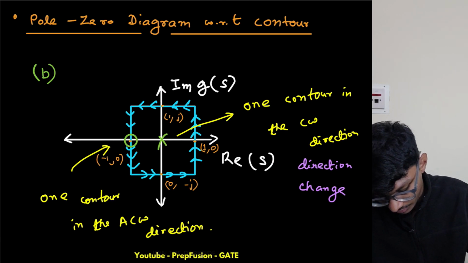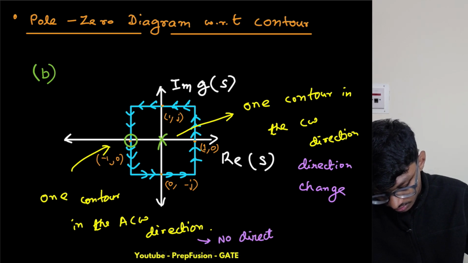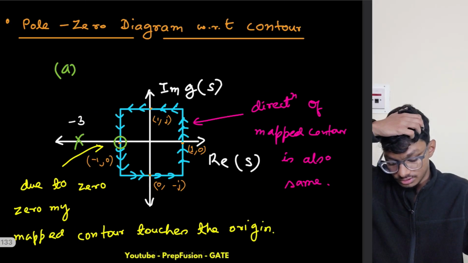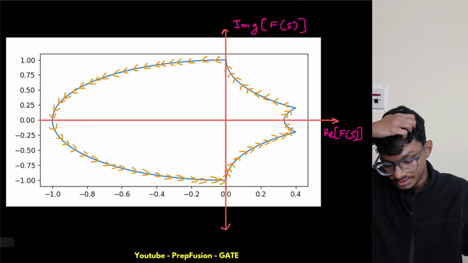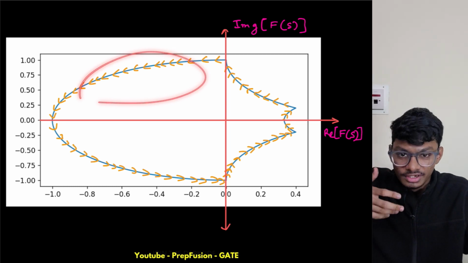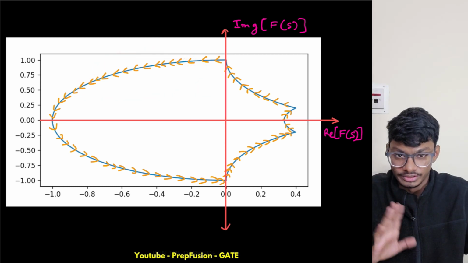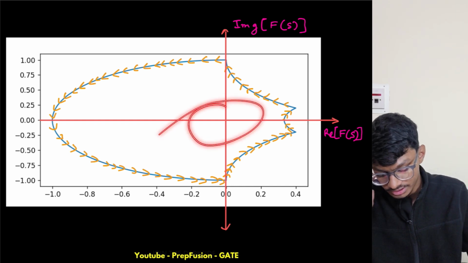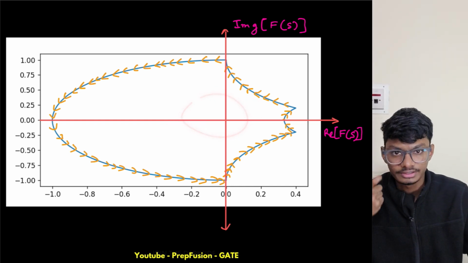And here also we have no direction change, right? So all of this is this one. This is basically the conclusion you can see from the plot itself. Here it is correct because I didn't have two contours, so Python was able to do it, but for two contours it wasn't able to. That's my mistake basically. So here we can see the origin is covered in this contour.